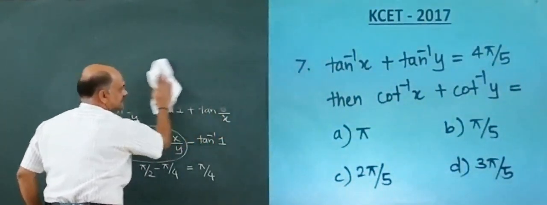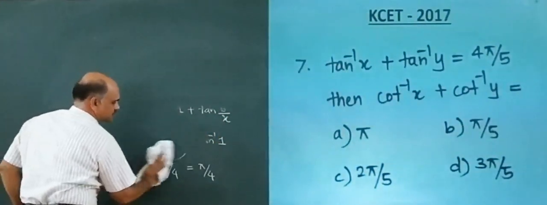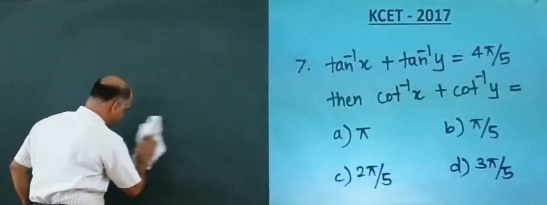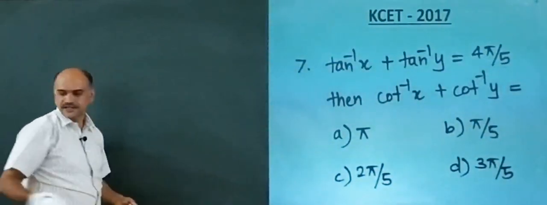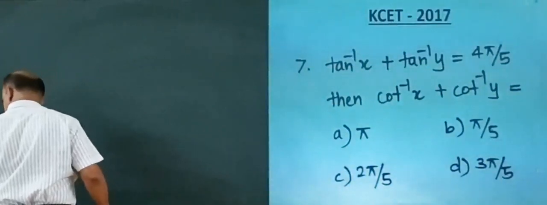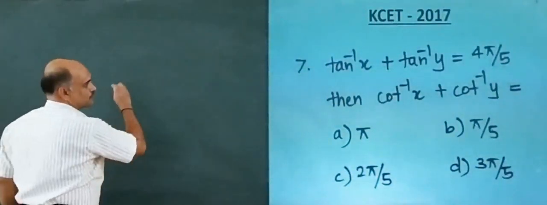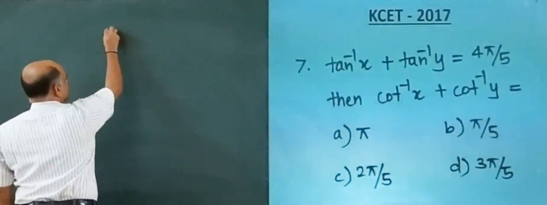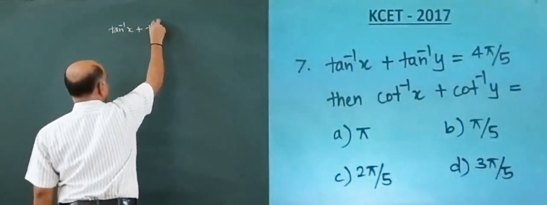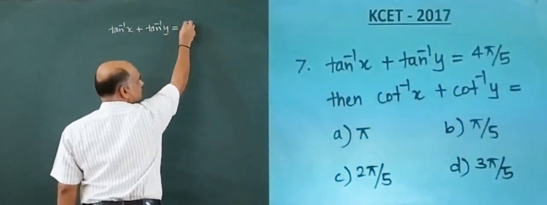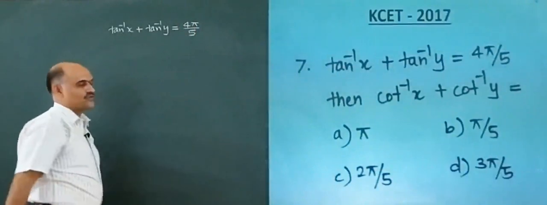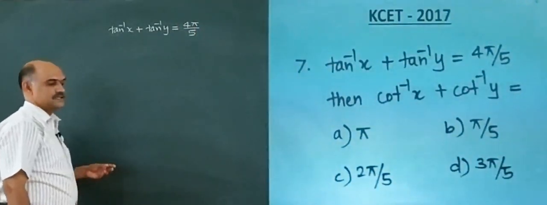So he has given tan inverse x plus tan inverse y is 4 pi by 5, and asked us to calculate cot inverse x plus cot inverse y.